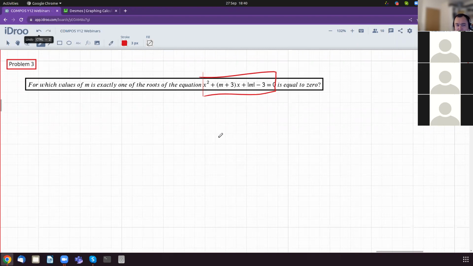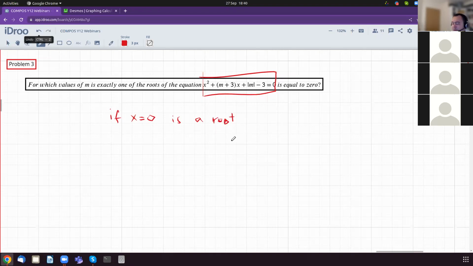Well, if x equals 0 is a root, what can we do? What does this imply?